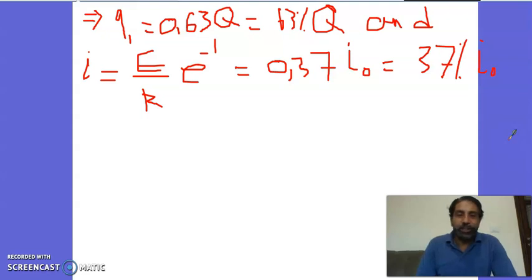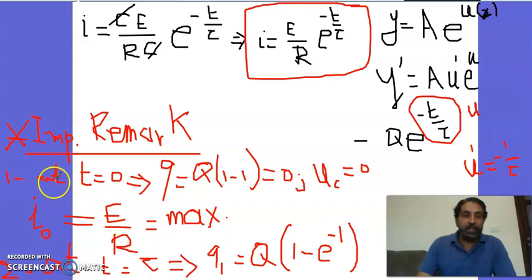I continue in this video the analysis on the charging of the capacitor. In the last video, I studied the cases at t equal to 0, in which the charge is 0 and the voltage across the capacitor is 0, while the current starts from a maximum value.